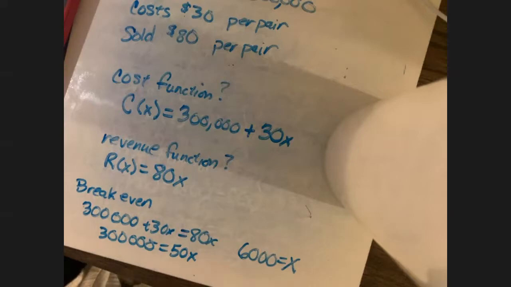So what does that mean? Okay, that means if they make and sell 6,000 pairs of shoes, they will have brought in the same amount of money that they spent.